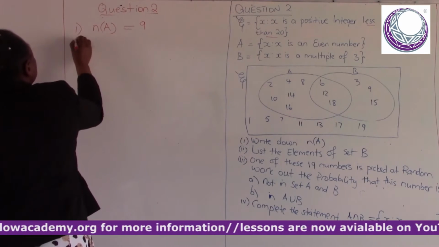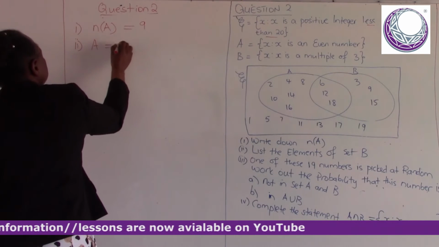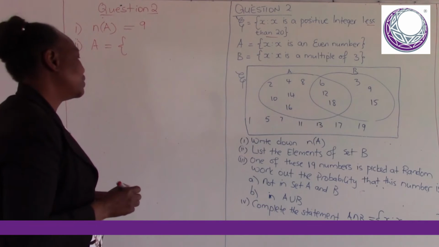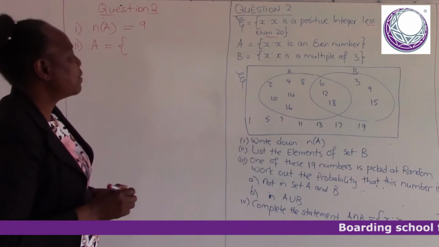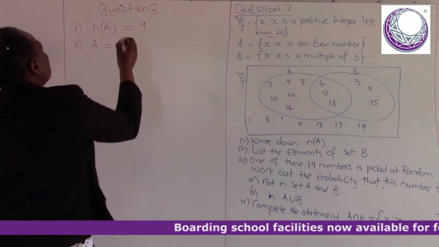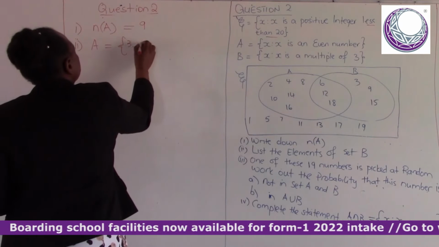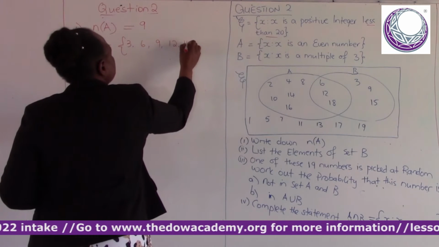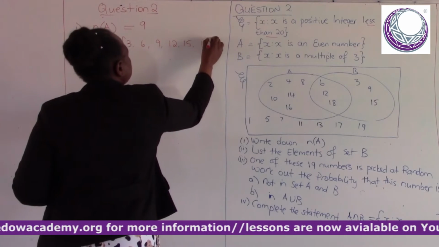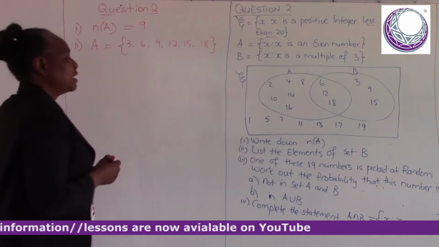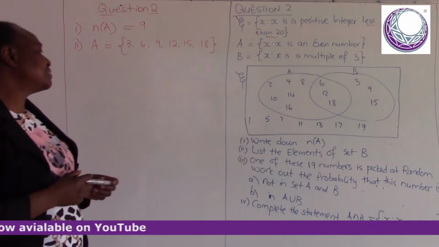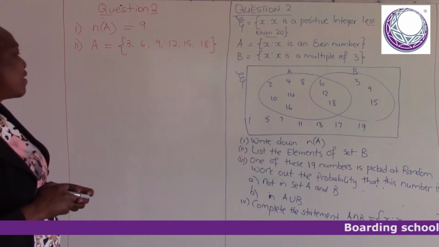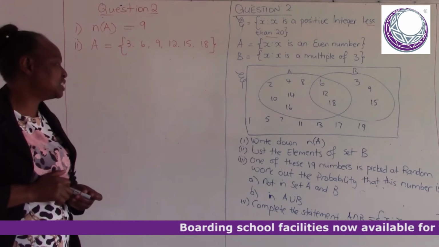So item 2, this is our set B, equal to, you put your curly brackets. Remember, our set B is the multiples of 3. So we begin with 3, and then 6, 9, 12, 15, and 18. And we put our curly brackets. That's how we answer set B. It's written list, but we should remember our language and our notations.